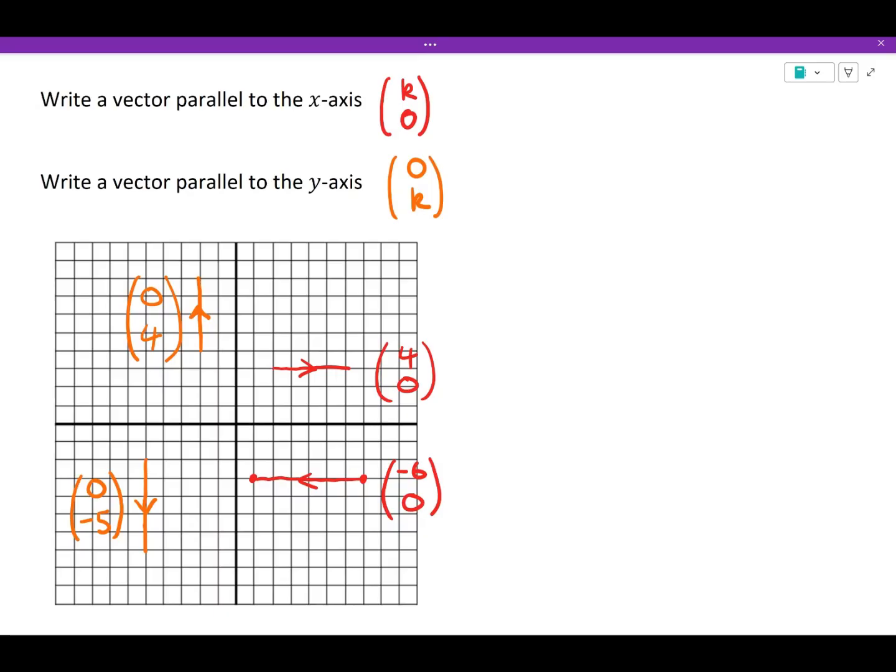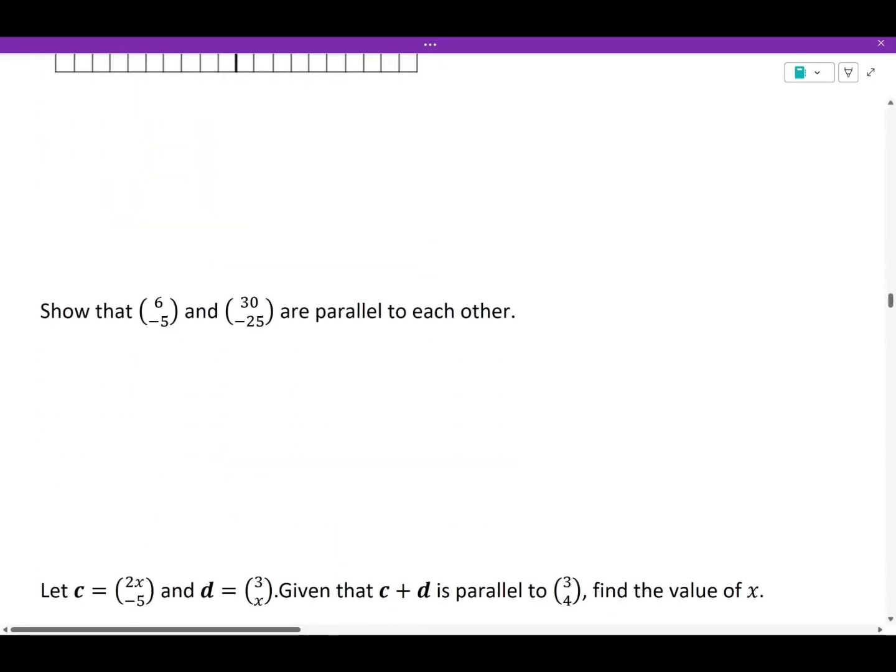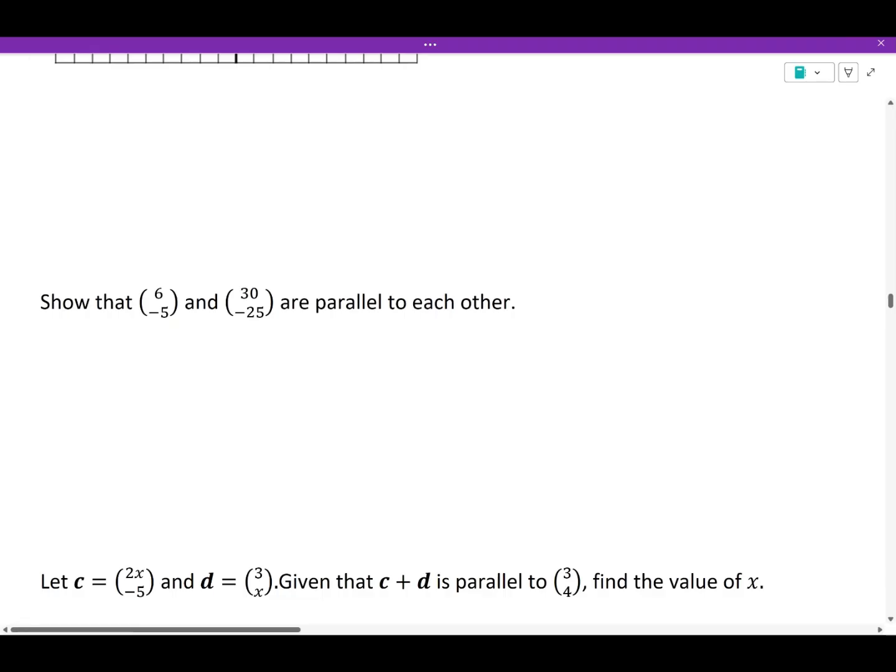Now let's look at a different type of question involving parallel vectors. It says show that the vector 6, -5 and 30, -25 are parallel to each other. Okay, so there are a few ways you could do this.